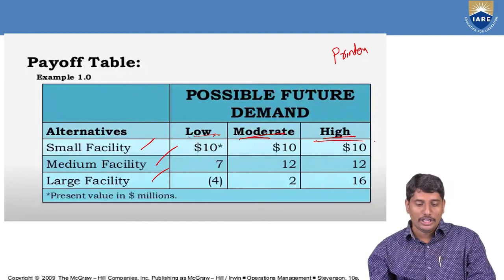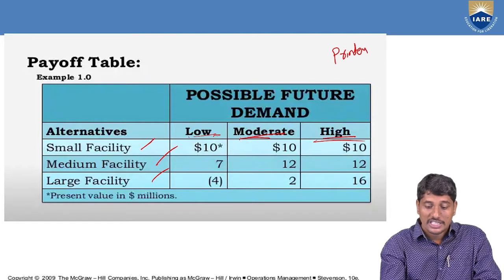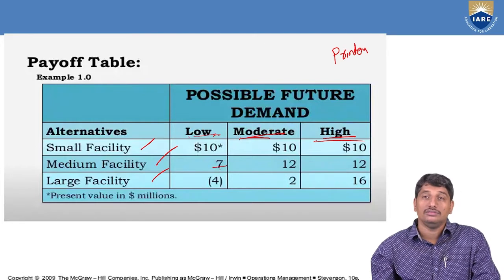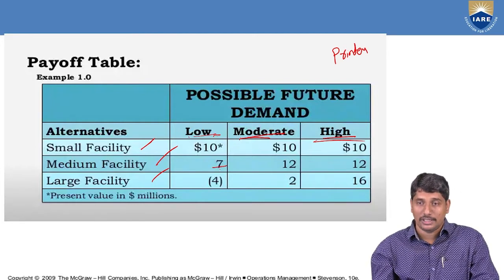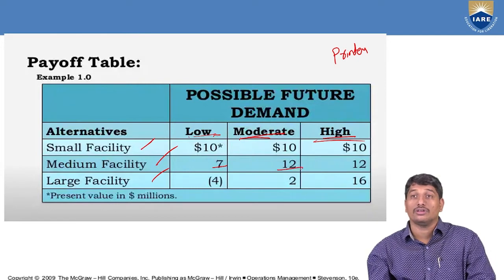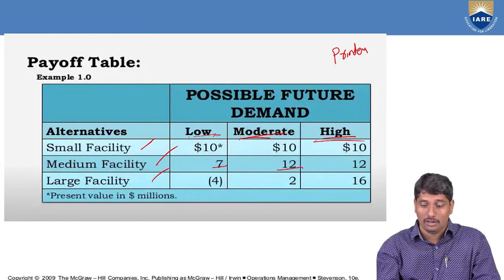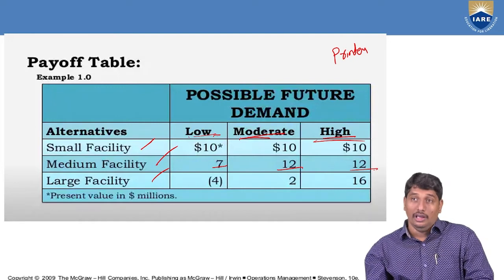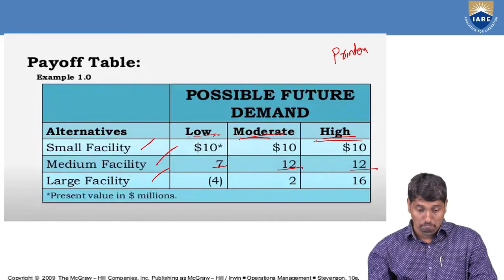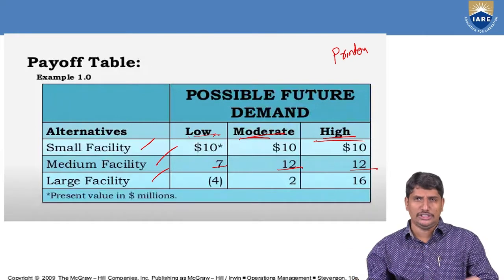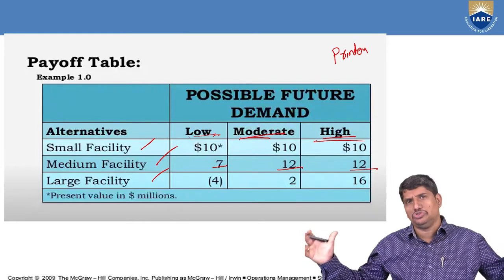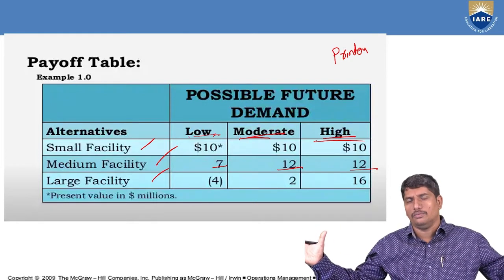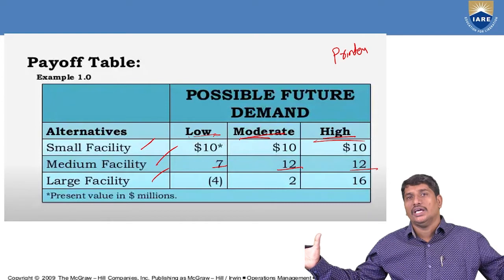And when you set up a medium machine, you are going to have $7 of profit in the low demand, that is in the summer, and $12 of profit in the moderate demand, and $12 of profit in the high demand seasons. But if you go for a large facility, meaning a large machine, there is a chance of high running cost.